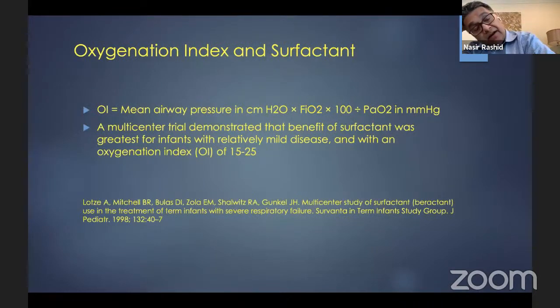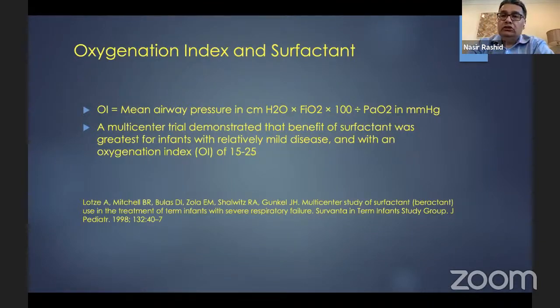Is there a role of surfactant in PPHN? The best way to calculate whether the infant will need Curosurf or any other kind of surfactant is to calculate the OI. And that is important, because it gives you a number that will give you an idea how the infant is progressing.